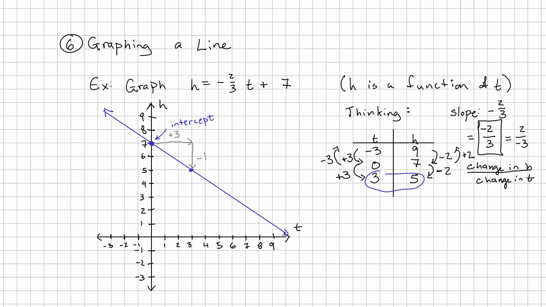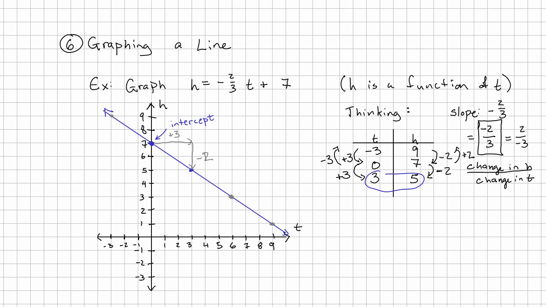If we're not using a ruler, we might want to draw some extra points, and we can do that by counting out the slope again. This was -2, actually. So right 3 down 2, here's another point. Right 3 down 2, here's another point.